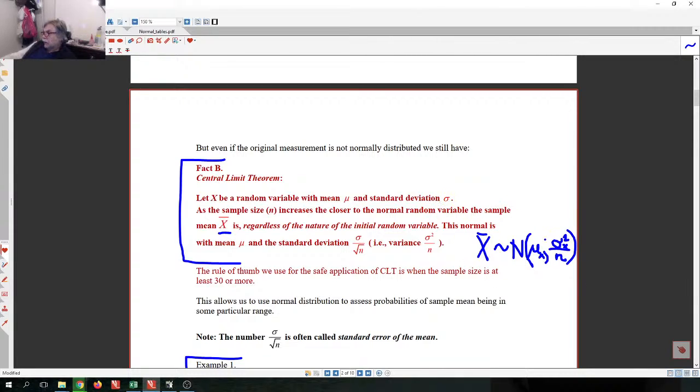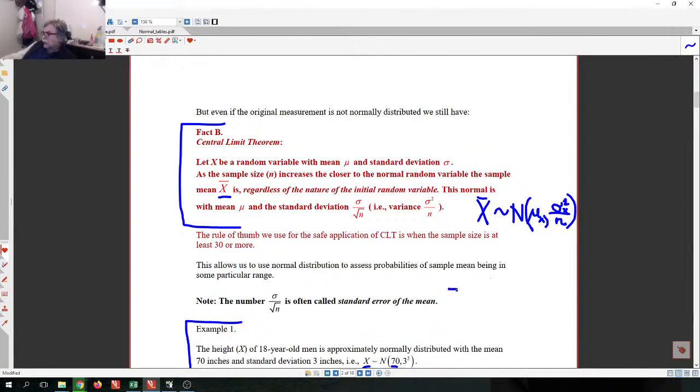Okay, now when we do the calculation really with the normal random variable, we don't really look for the variance, we look for the standard deviation. So you really have to take a radical. When you take the radical of this, this is the variance, and you really need a standard deviation, so you take the radical.